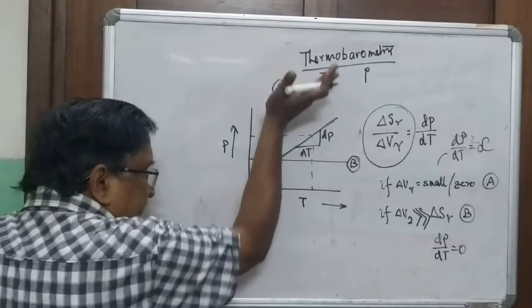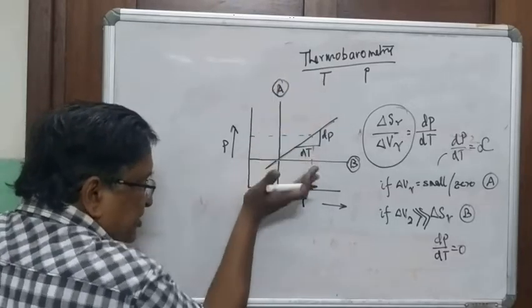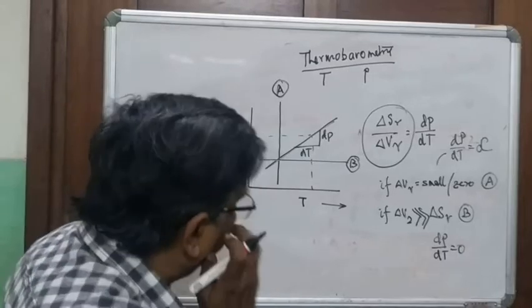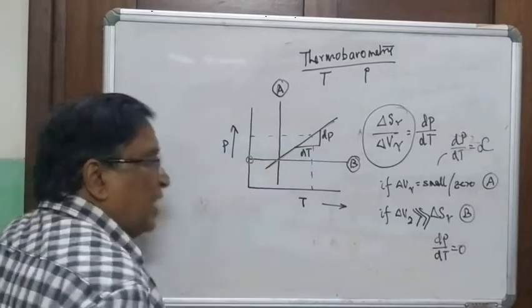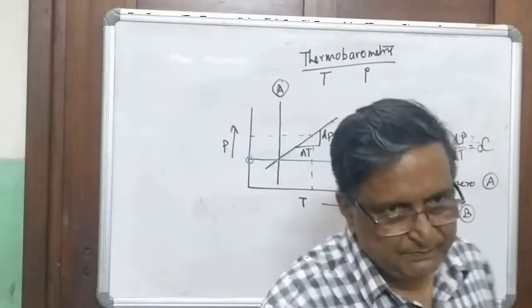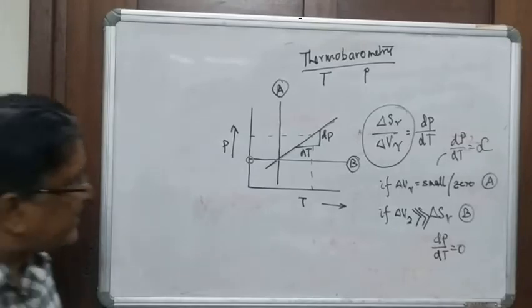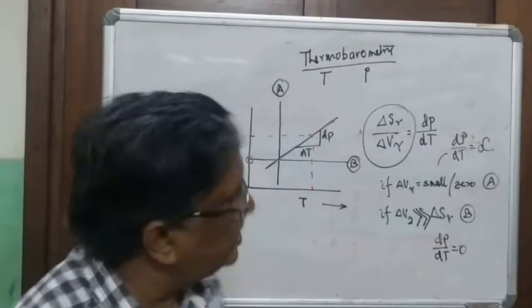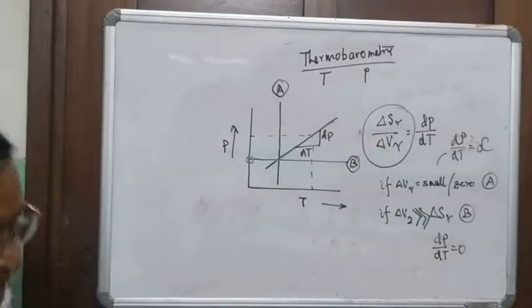If there is a way to shift the reaction in pressure temperature space, we will see how it is done. If you can shift the reaction in pressure temperature space, then you can find out what is the pressure of that particular assemblage. Have you understood? So essentially, thermobarometers are to find out temperature and pressure conditions.